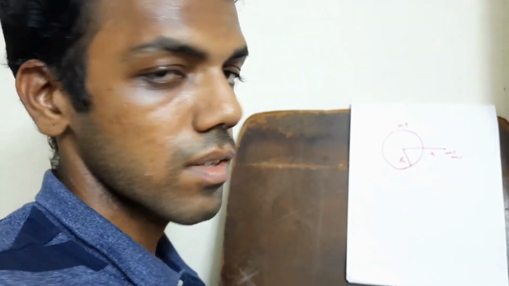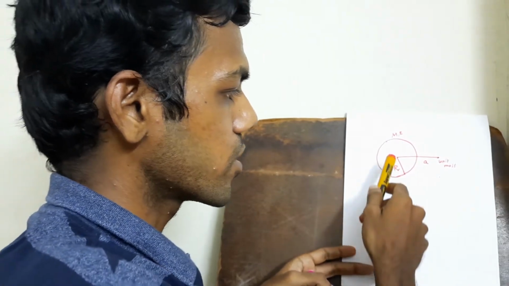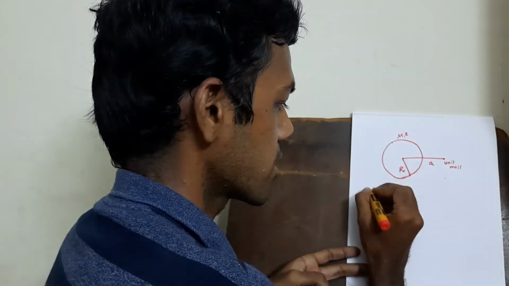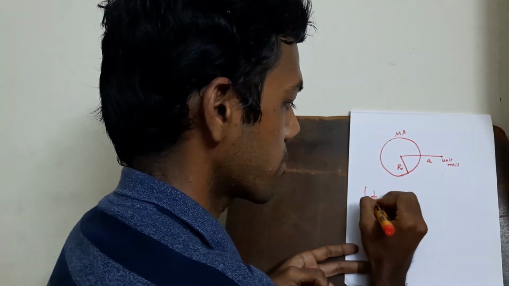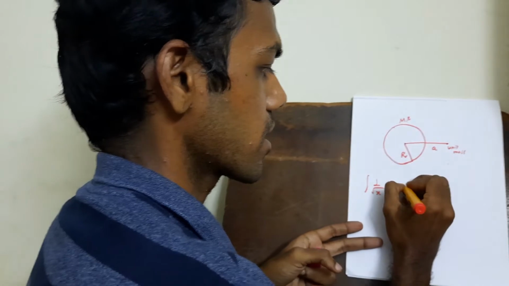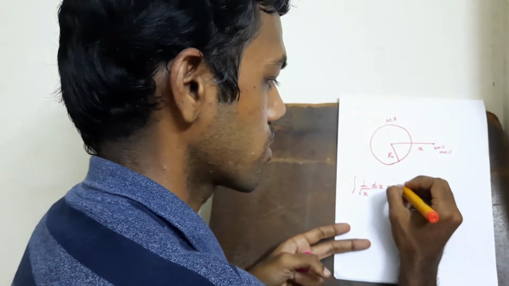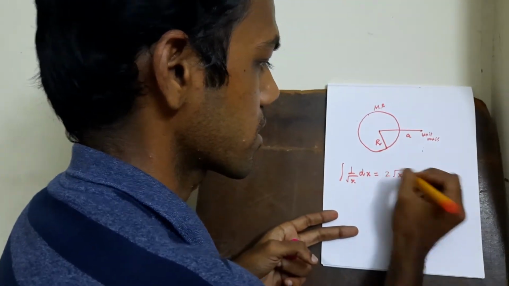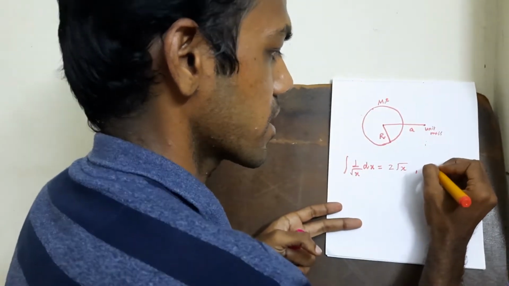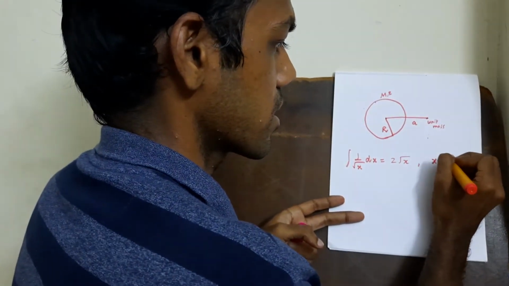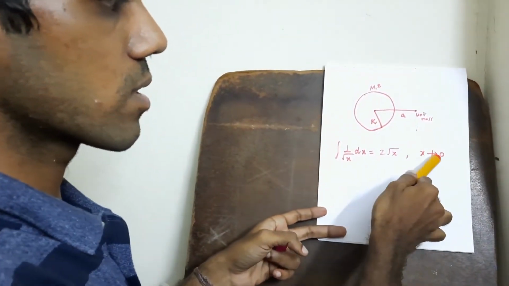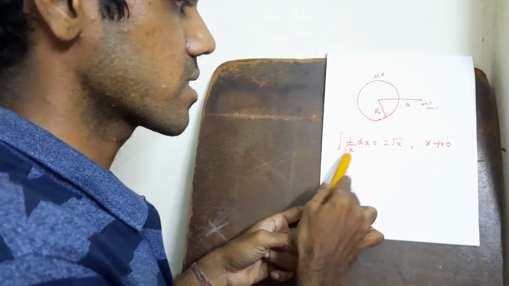During this integration, we will be using the integral of 1 by root x dx is equal to 2 root x, the condition being x should not tend to 0. When x tends to 0, the integration becomes infinite.